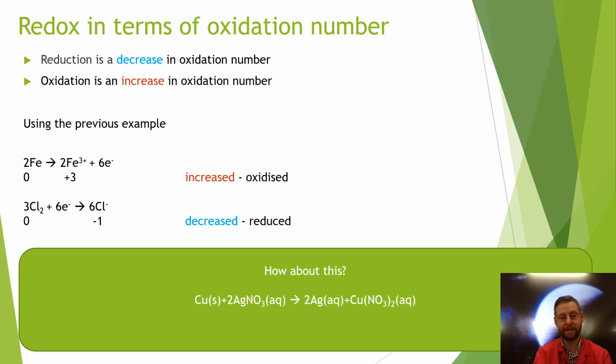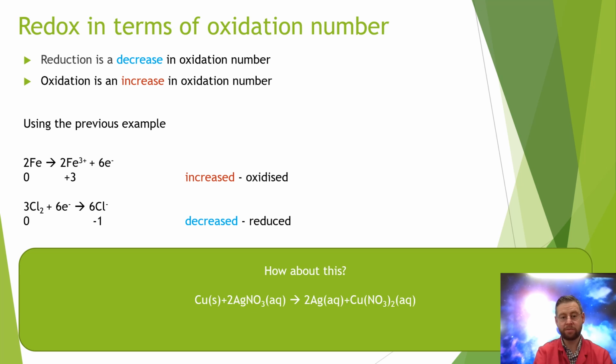Looking at the chlorine, again, it starts with an oxidation number of 0, and it ends up gaining charge to the point where it is now Cl-. So each one of those has now got an oxidation number of -1. The only complication here is, yes, each chlorine has gained an oxidation number of -1, but what we must do is consider that there's now 6 of them.